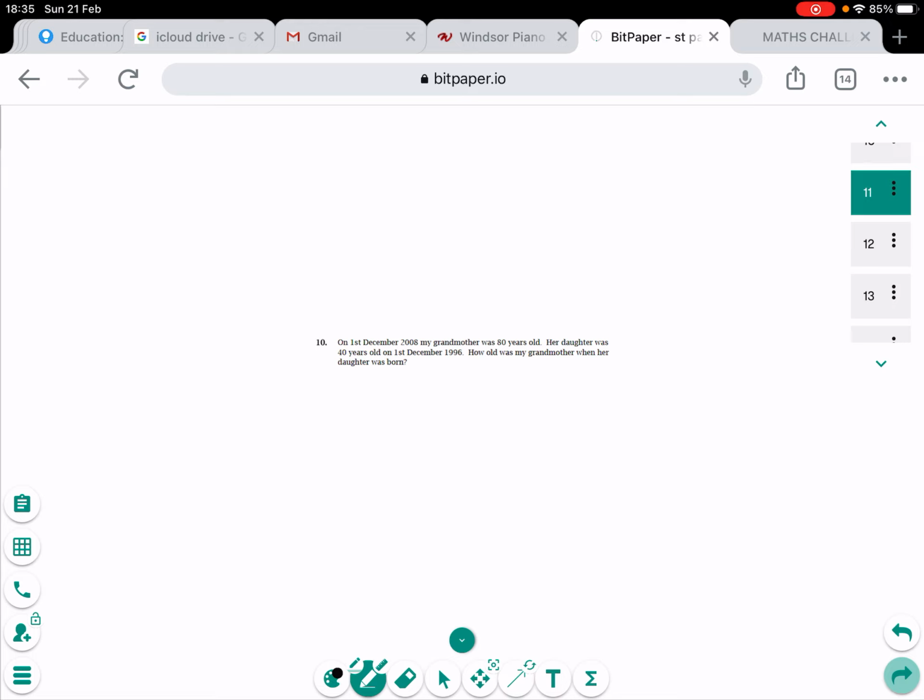For question 10, on 1st December 2008, my grandmother was 80 years old. Her daughter was 40 years old on 1st December 1996. How old was my grandmother when her daughter was born?